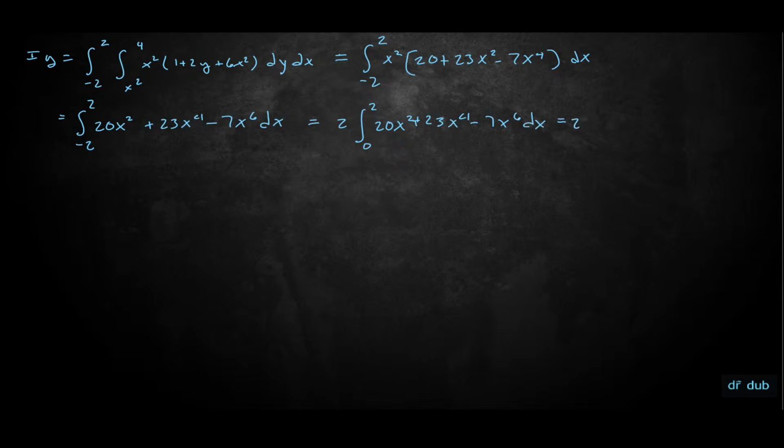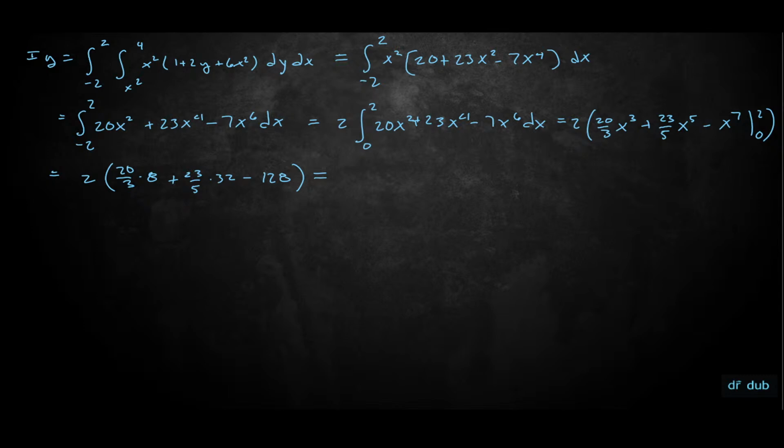So that's going to be 2 times 20 over 3 x cubed plus 23 over 5 x to the 5th minus x to the 7, from 0 to 2. That's going to be 2 times 20 over 3 times 8 plus 23 over 5 times 32 minus 128.